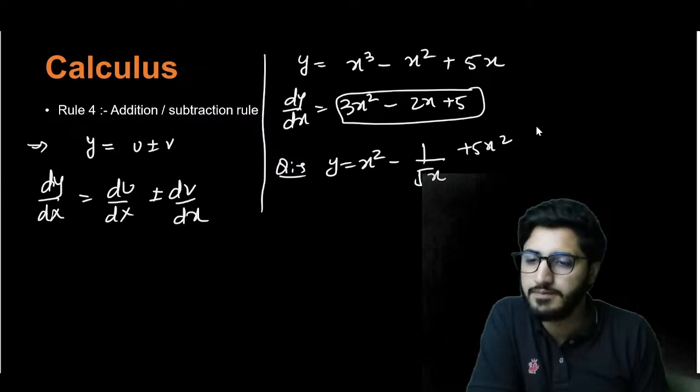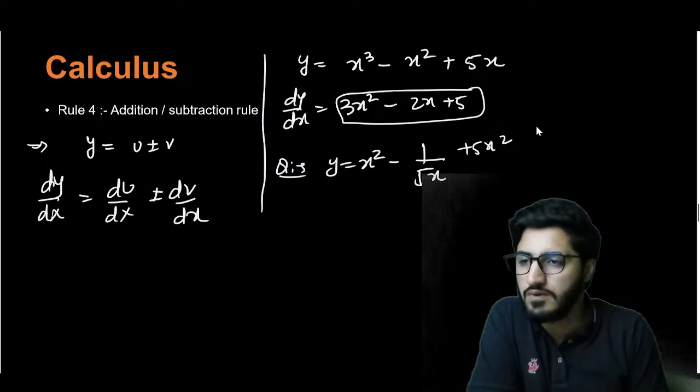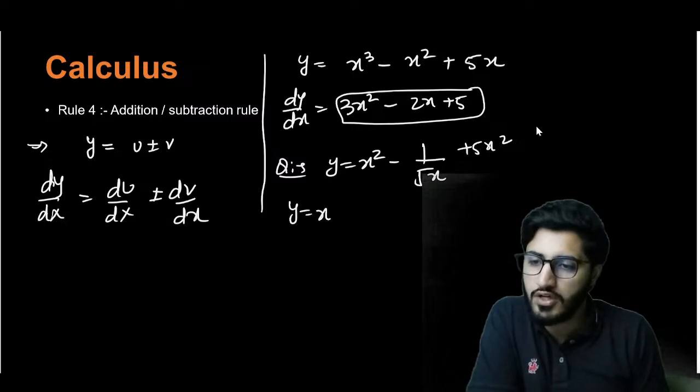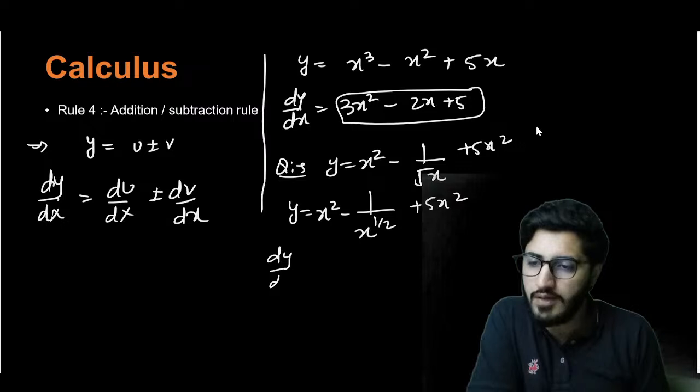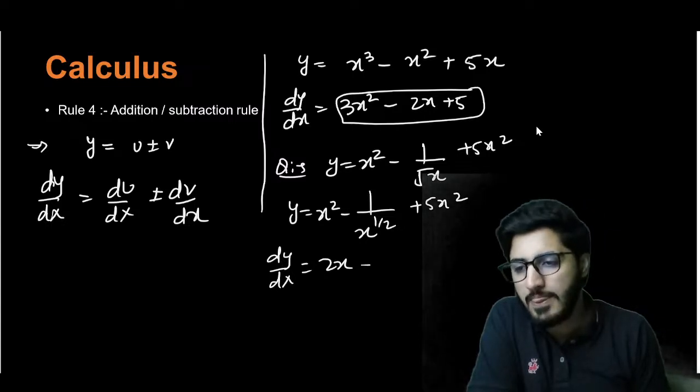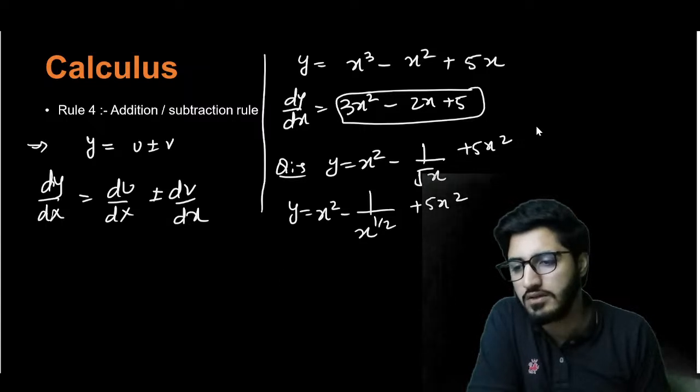I will simplify it. So now y is equals to x to power 2 minus 1 divided by x to power 1 by 2, plus 5x square. I have to simplify it one more time, right?